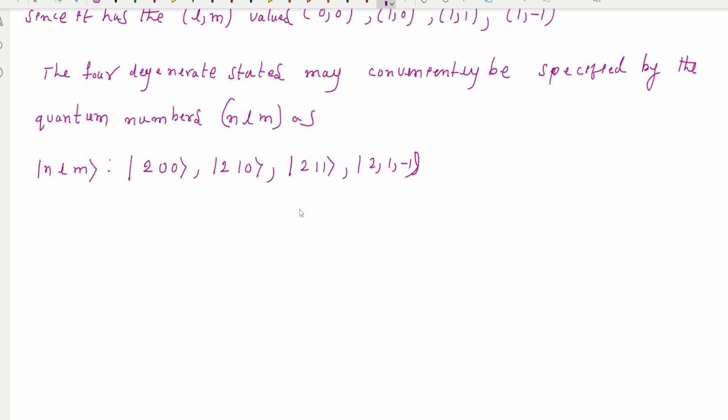If you apply perturbation theory for a degenerate state, it requires the evaluation of 16 matrix elements of this perturbation term. Only some of the matrix elements are non-zero, since the corresponding states have the same parity.